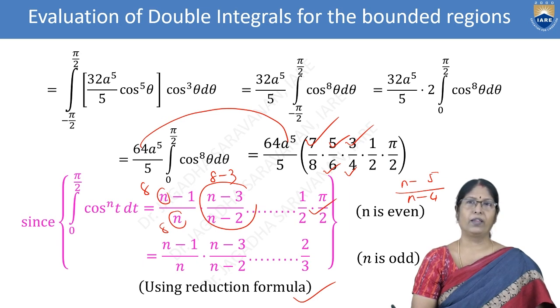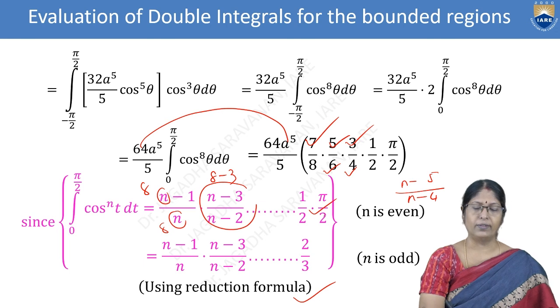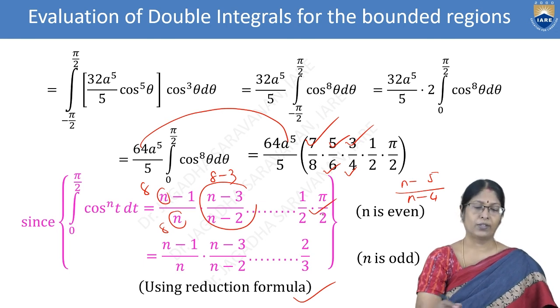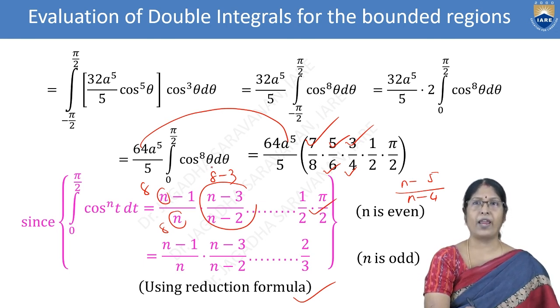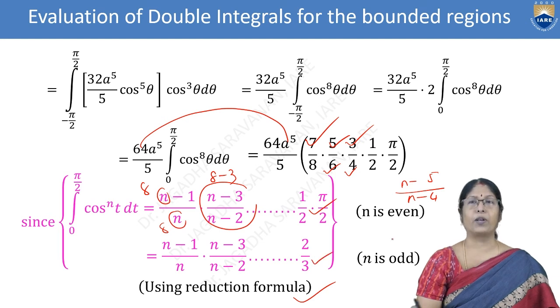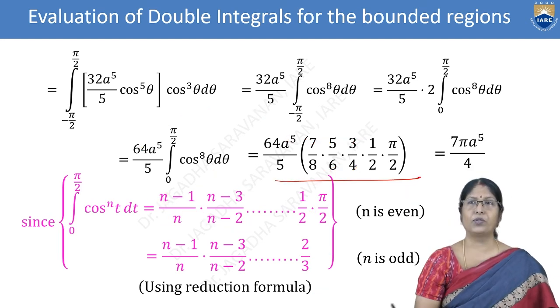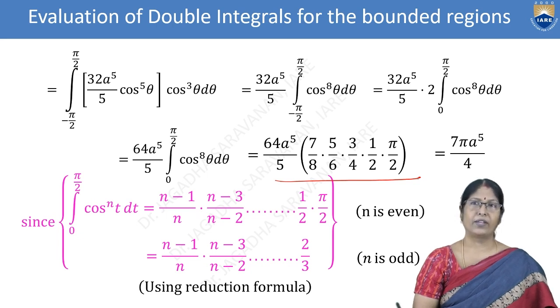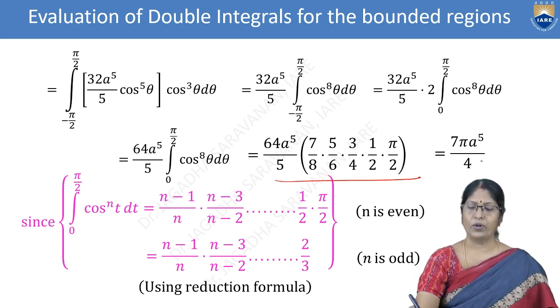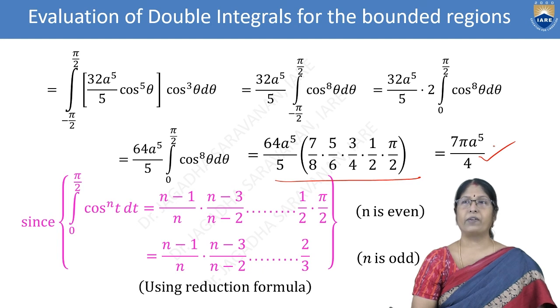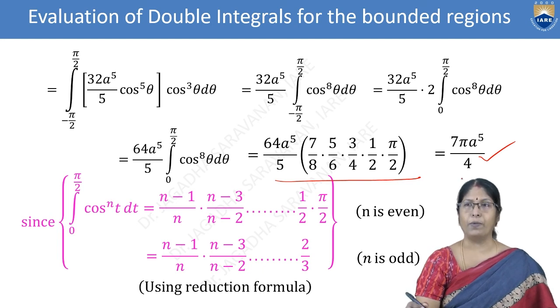Very simple thing regarding cos: if the power is even, this is the formula to be used; if it is odd, this other formula is to be used. Now we do the simplifications, and getting the cancellations, we get the final result 7 pi a power 5 by 4.